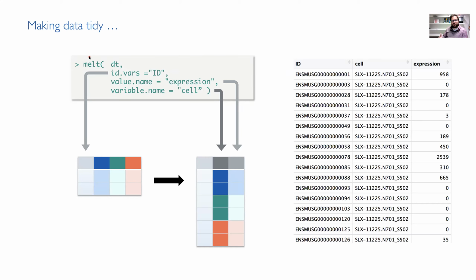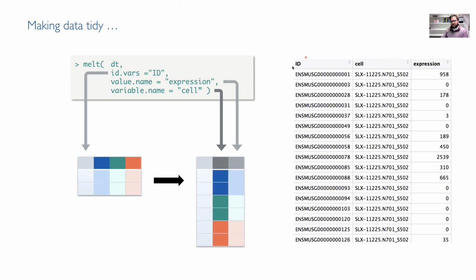You also say you melt a data table. And that brings us from this matrix format to a format where every column represents an observable, like a measurement, and each row corresponds to an observation.